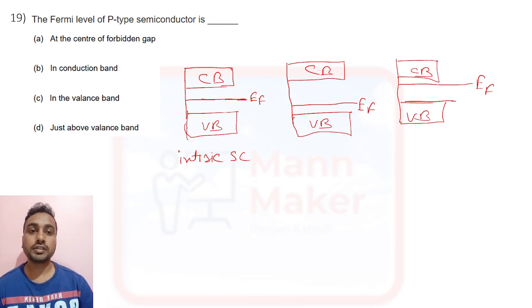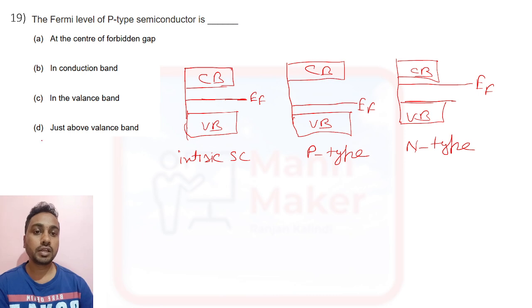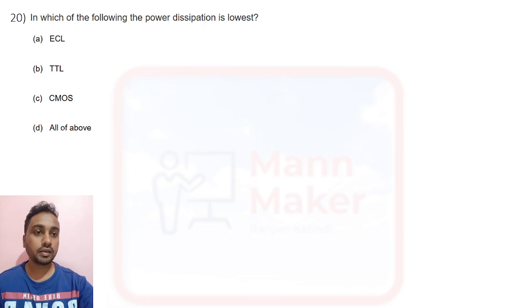When the Fermi level is just above the valence band, then this is for a p-type semiconductor. When the Fermi level is just below the conduction band, then this is for an n-type semiconductor. So from here, for p-type the Fermi level is just above the valence band. These three diagrams you have to remember, as a question can come from any part, and this question you have to give the answer.